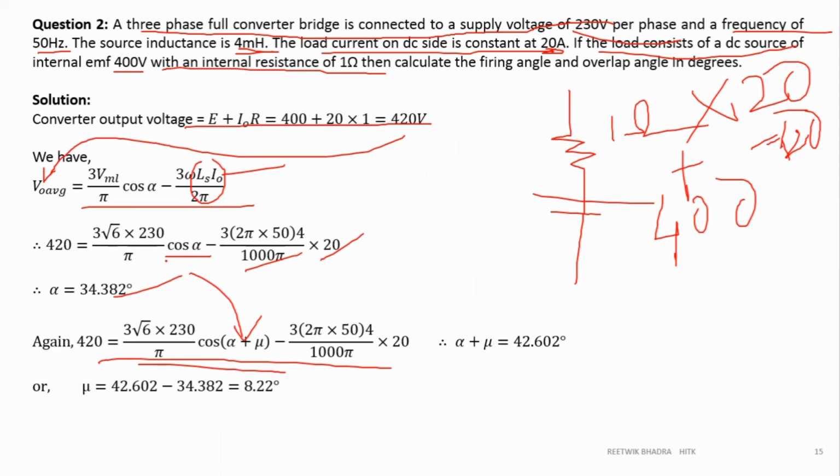So first use the equation in terms of alpha, calculate the alpha value, then put that alpha value in the cos alpha plus mu equation. So alpha plus mu is calculated from here, alpha is already calculated, so you put it here and get mu equal to 8.22 degrees.